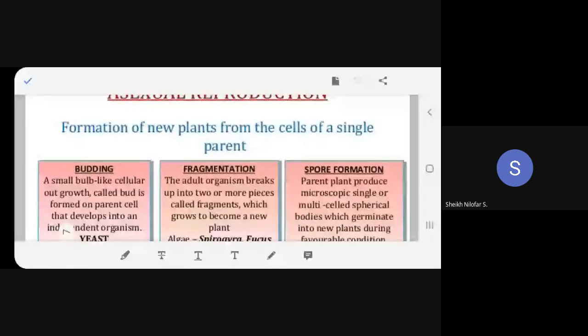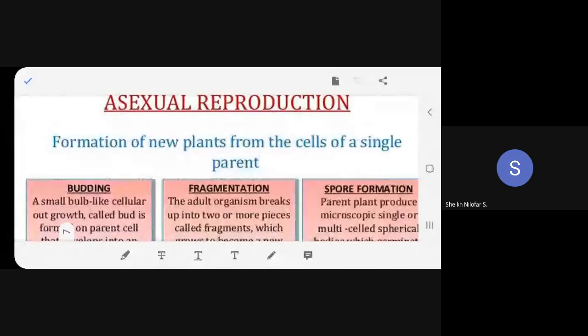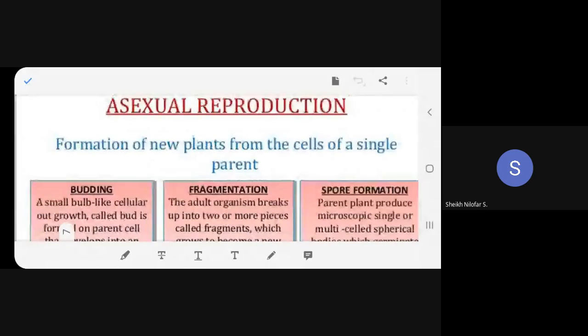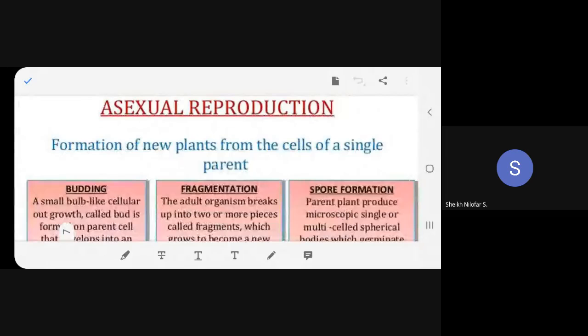Please read. Asexual reproduction: formation of new plants from the cell of a single parent.